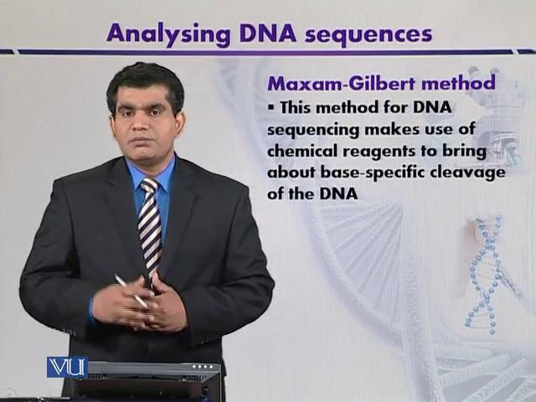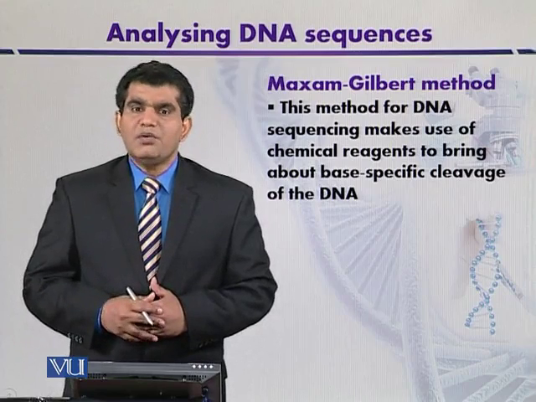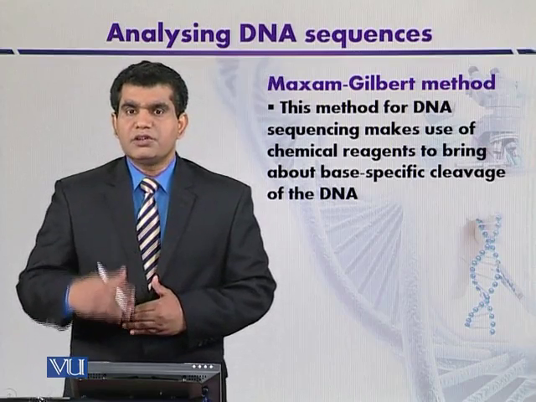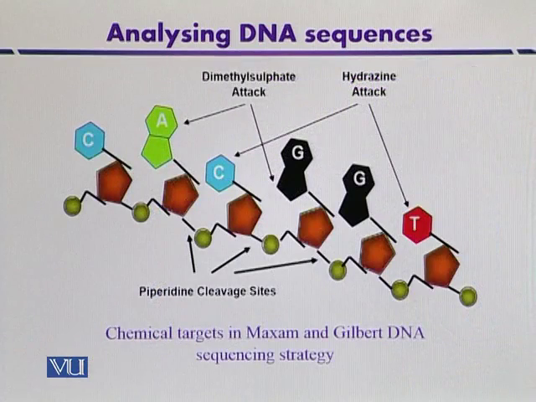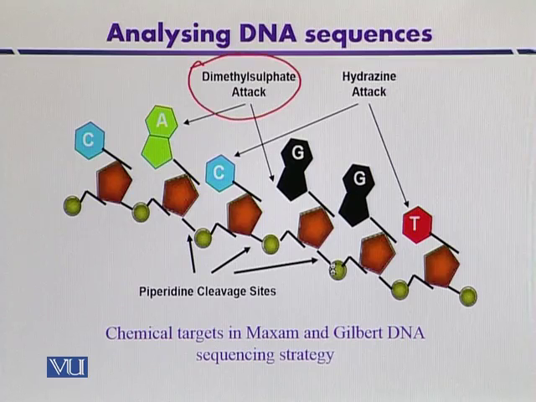When the gel run is complete, the autoradiographic technique can be used to detect DNA fragments. The chemical targets in the Maxim and Gilbert DNA sequencing strategy are shown here. Dimethyl sulfate is the first chemical reagent that can attack adenine or even guanine, which are purine bases, and the chemical hydrazine can attack cytosine or thymine.